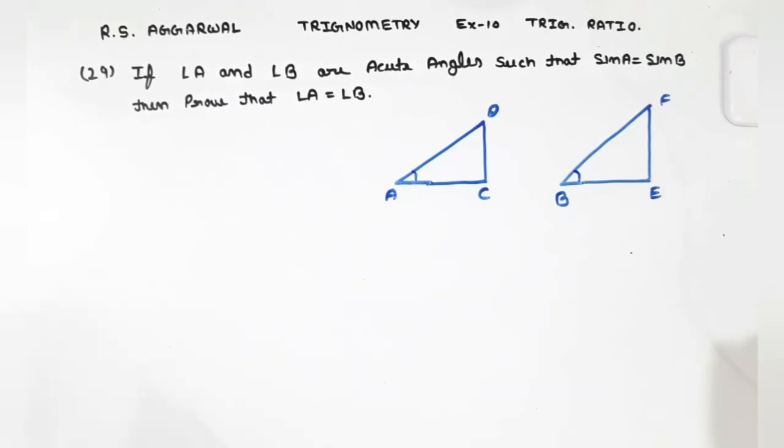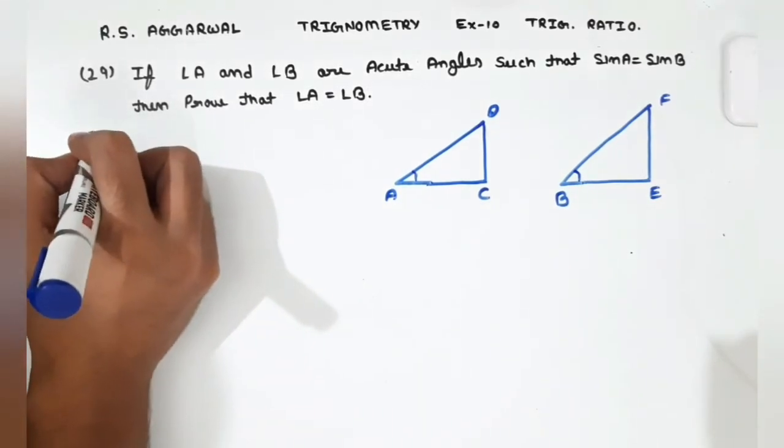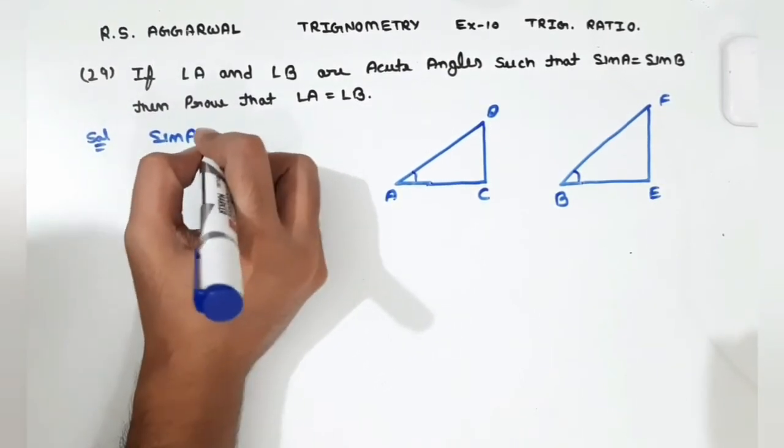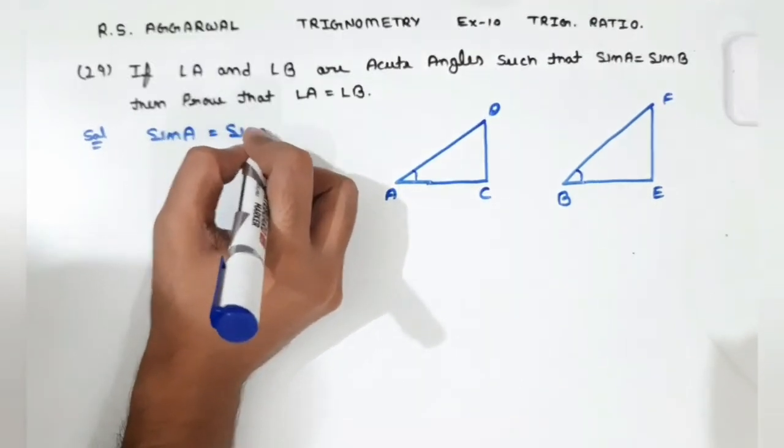So we have given that sin A is equals to sin B.